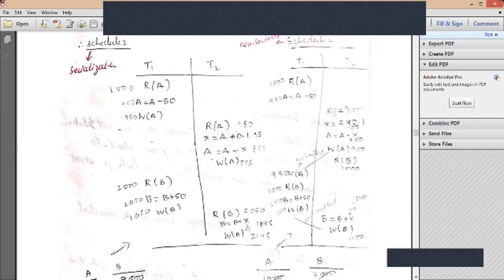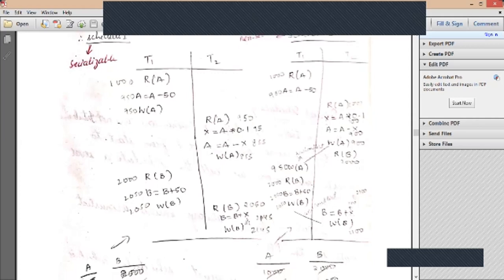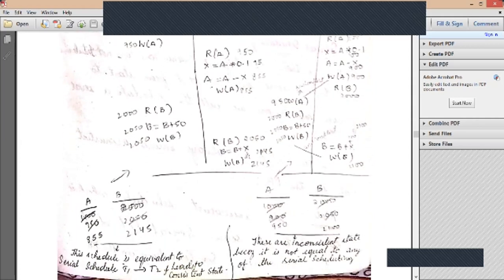Then next we are reading R of B, that is 2000, and the 50 that we subtracted we are transferring to B, and it becomes 2050. Now what is the R of B value?